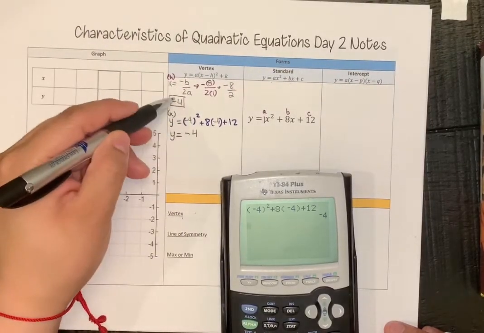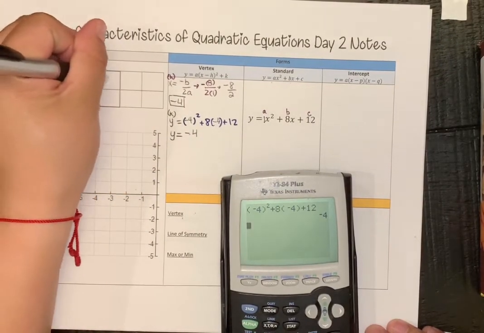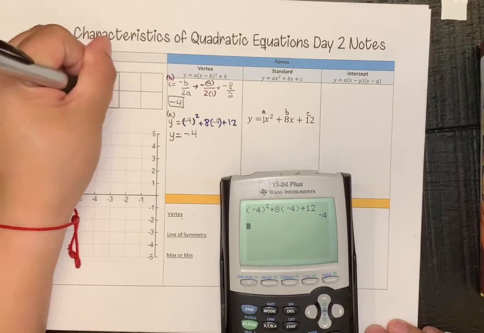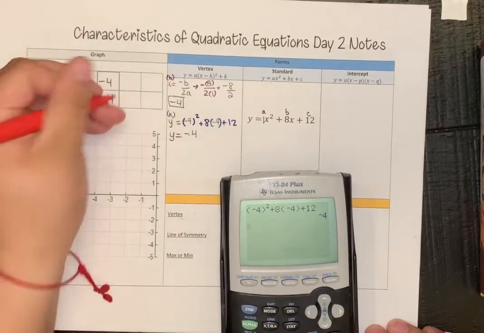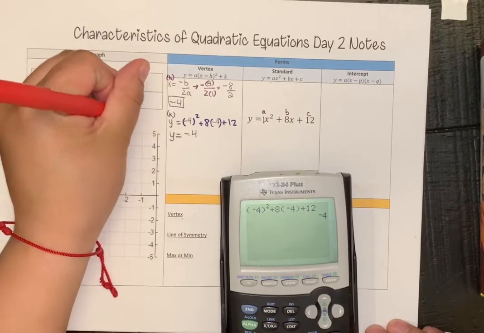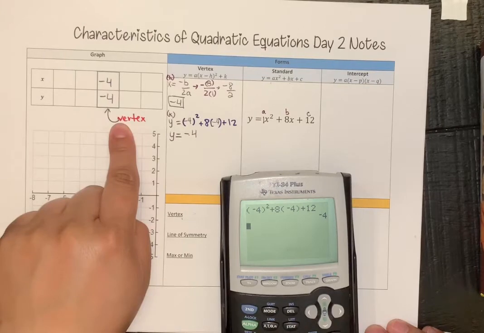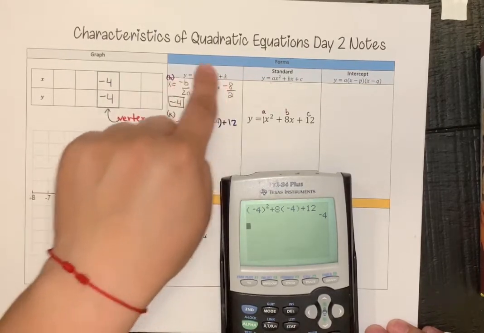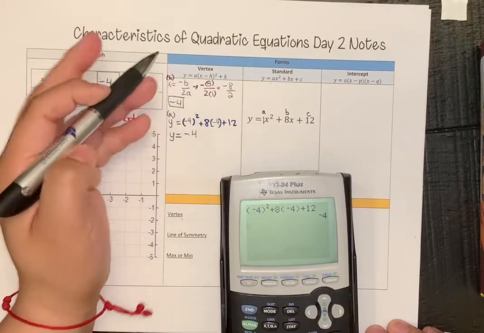So now that I know what my x and my y is, I can go ahead and put the negative 4 and negative 4. Remember, we always like to put our vertex in the middle. Now that I have my vertex, I can go ahead and finish this right here, and I can use the formula that's above.